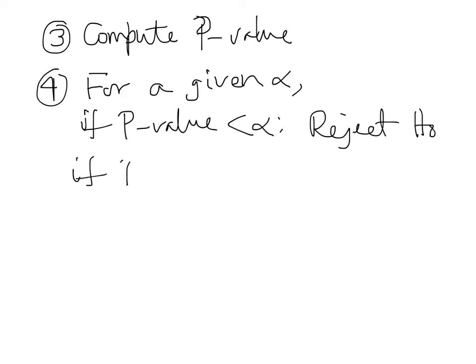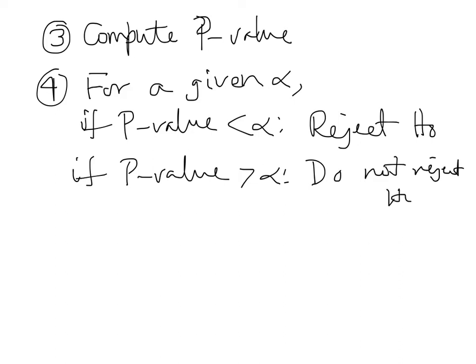If p-value, of course, then the other case, p-value is greater than alpha, you do not reject H0. Fifth step, whatever you do, reject H0 or do not reject H0, write your conclusion in words.